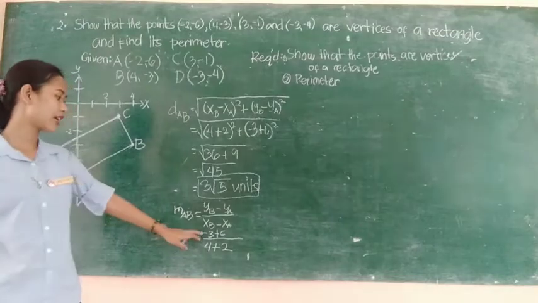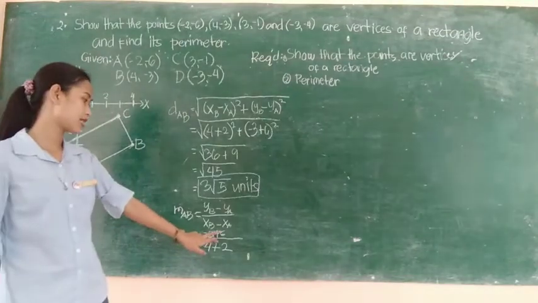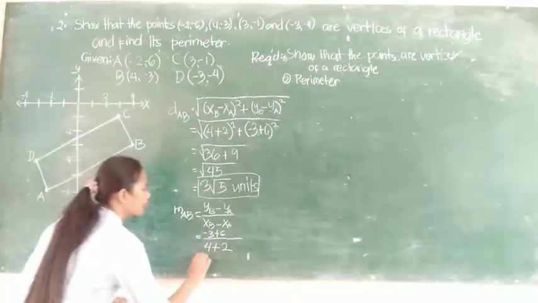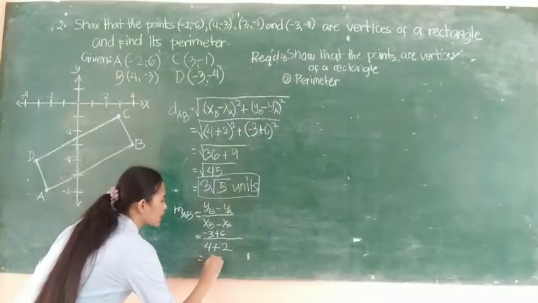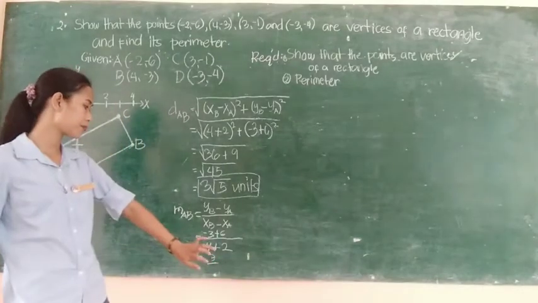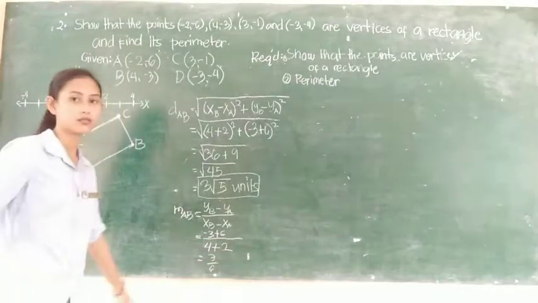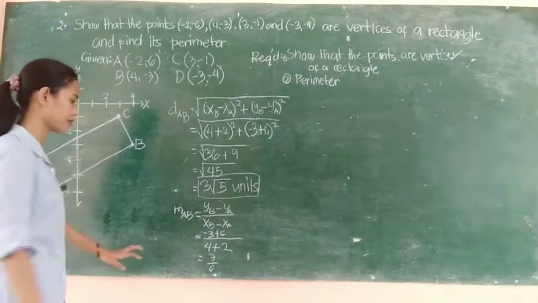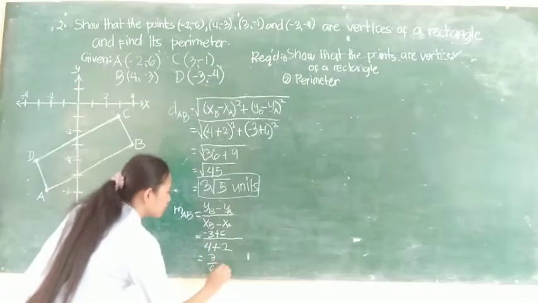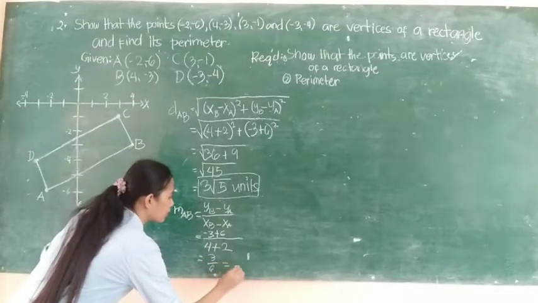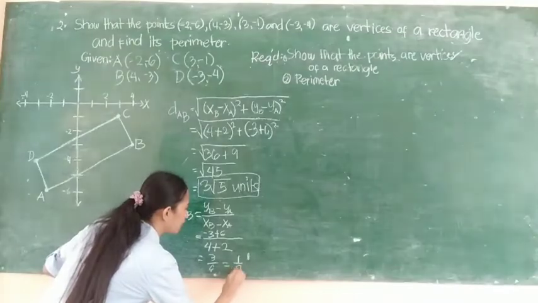Now, -3 plus 6 is 3 over 4 plus 2, 6. Equals to 1/2.